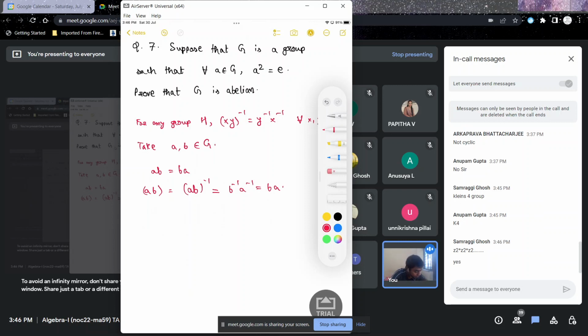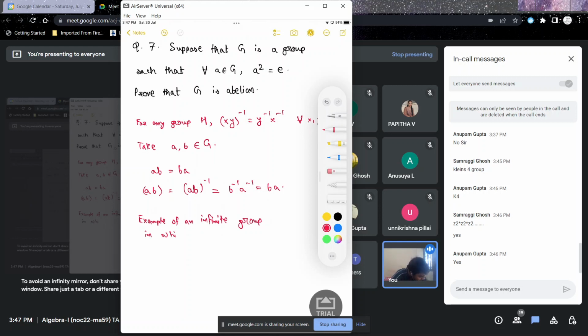So an example of an infinite group in which every element has order at most 2, that is, every element satisfies that a squared is identity, is precisely the infinite product.